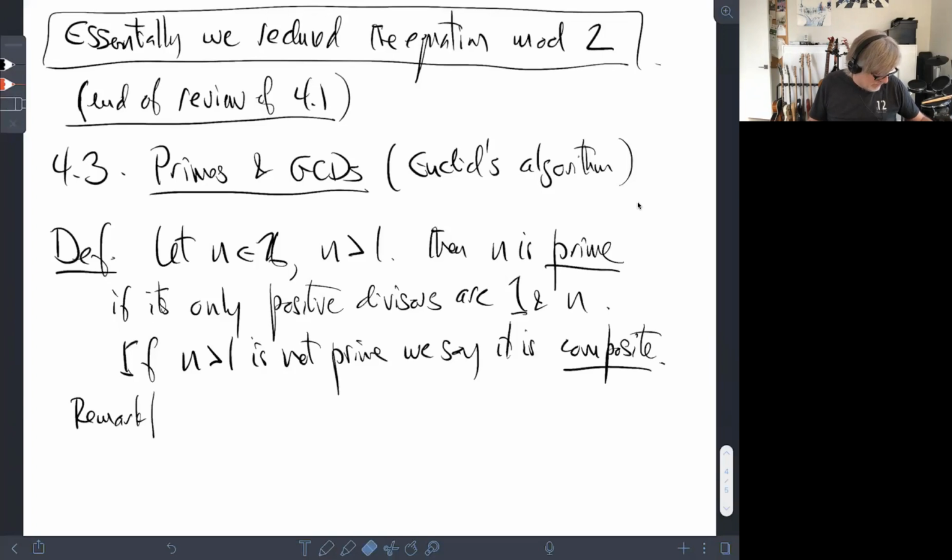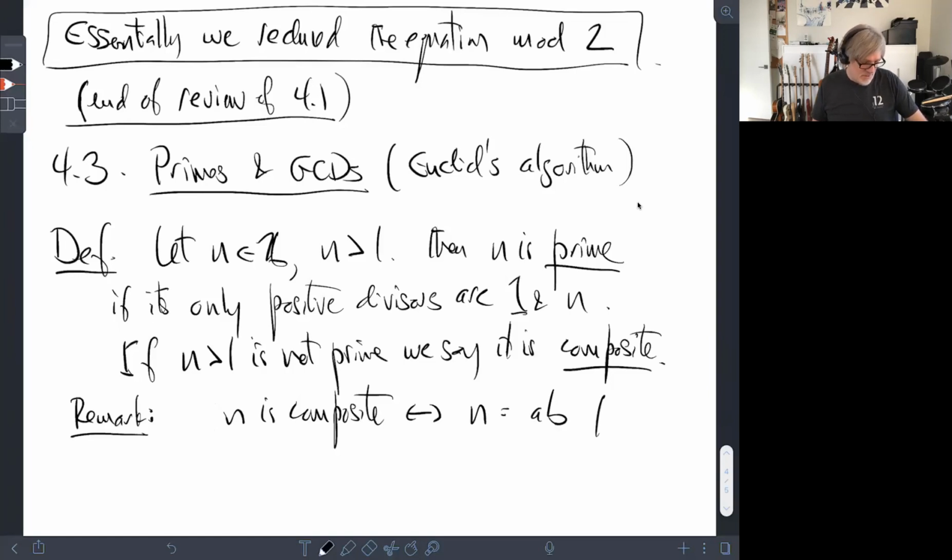You should convince yourself of this, but I think this is close to obvious, maybe not after 1 week of break. n is composite if and only if n is equal to a times b for some integers a and b which are strictly between 1 and n.